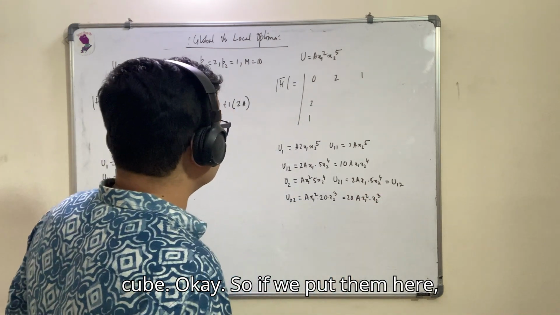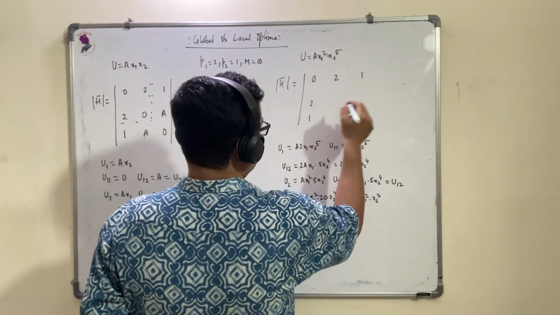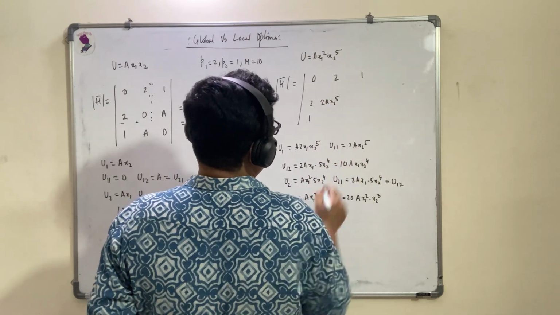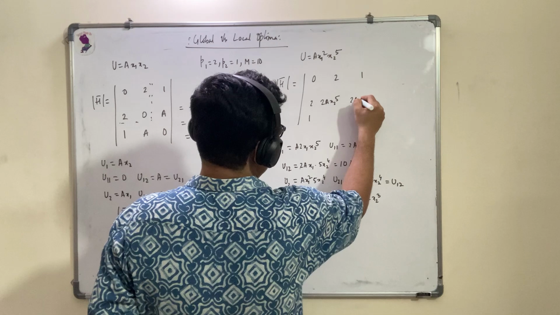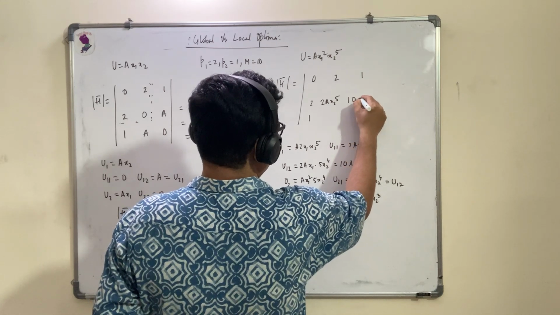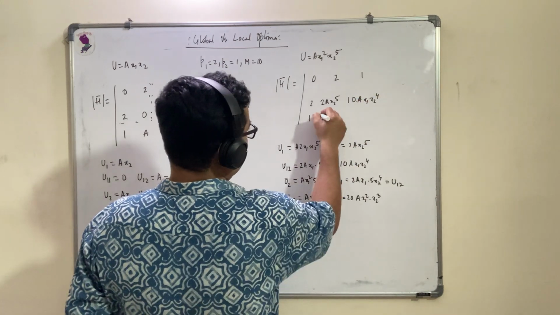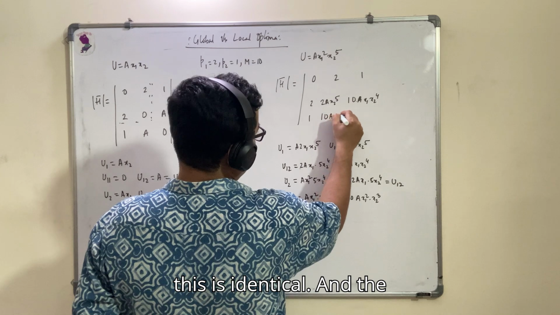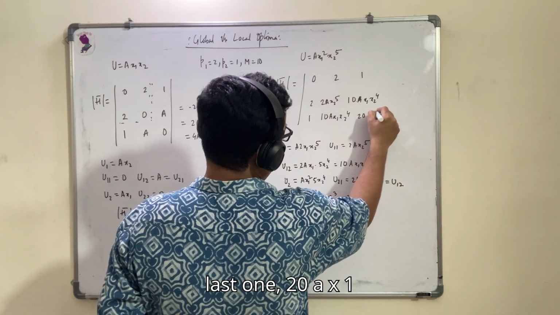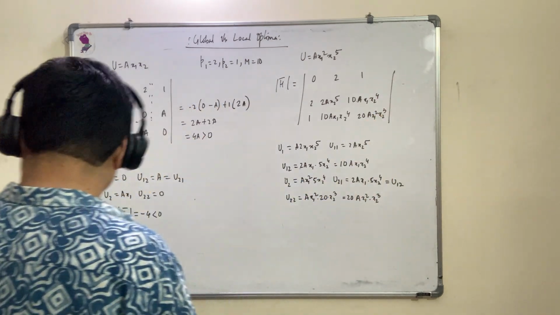Okay. So if we put them here, so 2A x2 to the power 5, then 2A, let's write it like this: 10A x1 x2 to the power 4. This is identical. And the last one, 20A x1 squared x2 cubed. Okay.